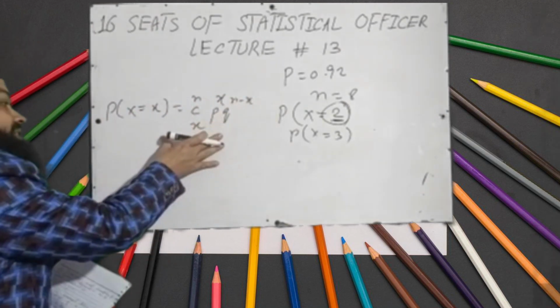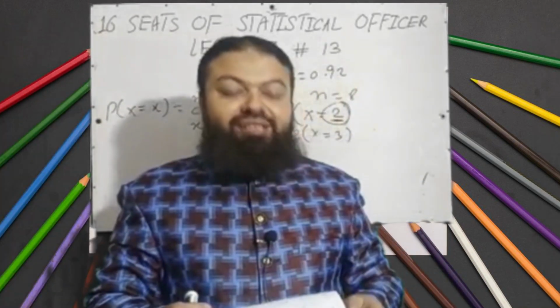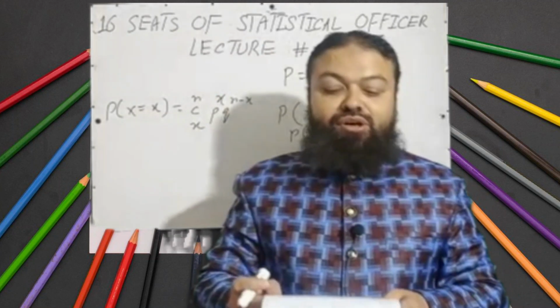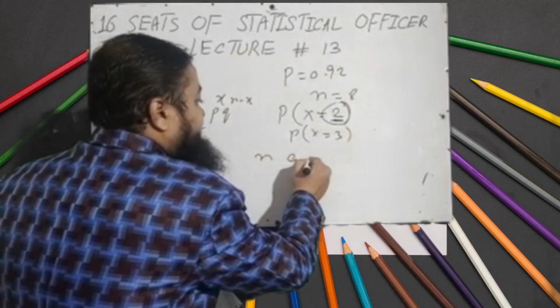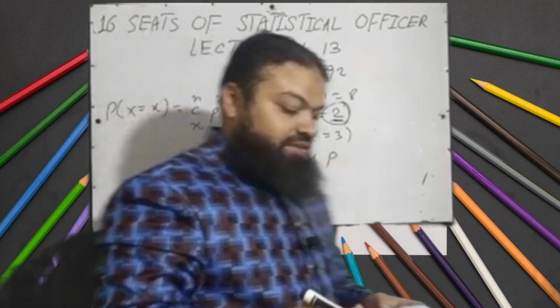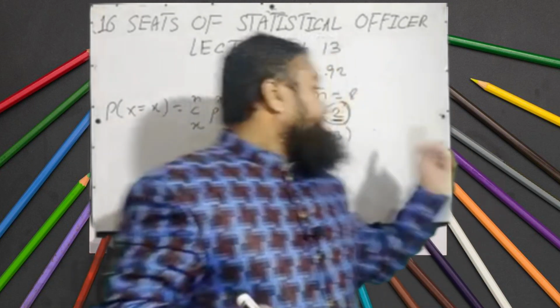This is the probability mass function of the binomial distribution. Question number 8: the parameters of the binomial distribution are, there are 2 parameters, n and p. Question number 9: parameters of the distribution are n and p.